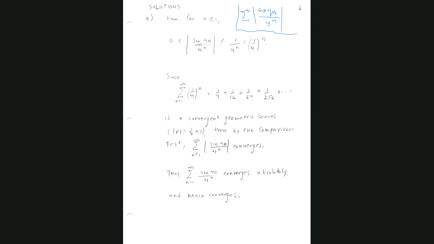And so I look at the series, n equals 1 to infinity, of 1/4 to the nth power. I write out some terms, and clearly it's a geometric series. What's the common ratio, by the way, for this geometric series? It's convergent.